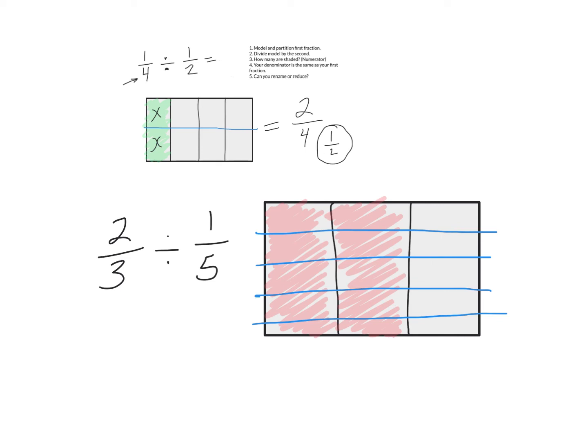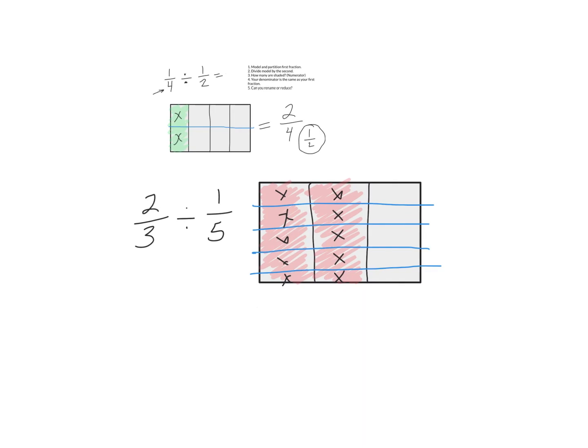So I have 1, 2, 3, 4, and then this 5 down here I didn't shade very well. 6, 7, 8, 9, and 10. So I have 10 shaded.